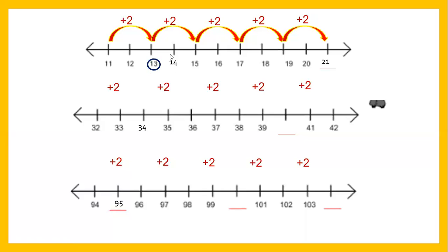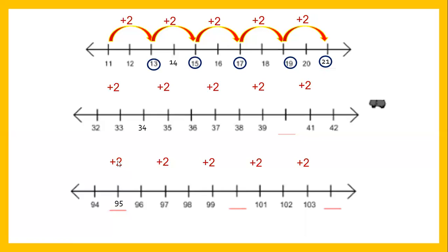So that is how it goes when you count by twos. 13, 14, 15. What's next? It's 17. Next to 17, 19. Next is 21. So you just need to add 2 to the last number to make the next number.